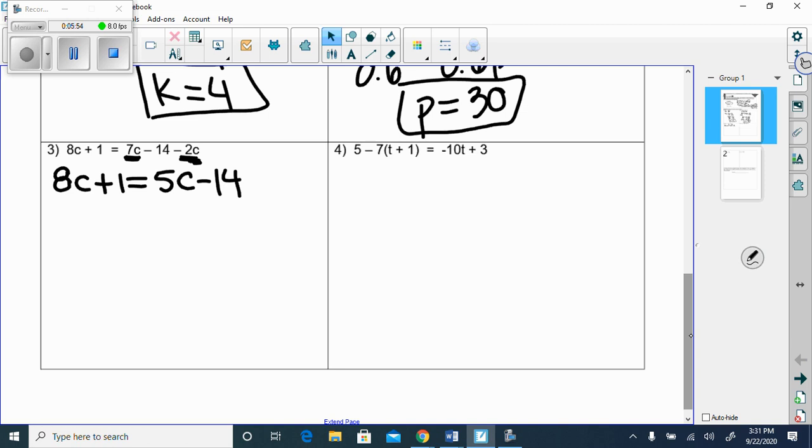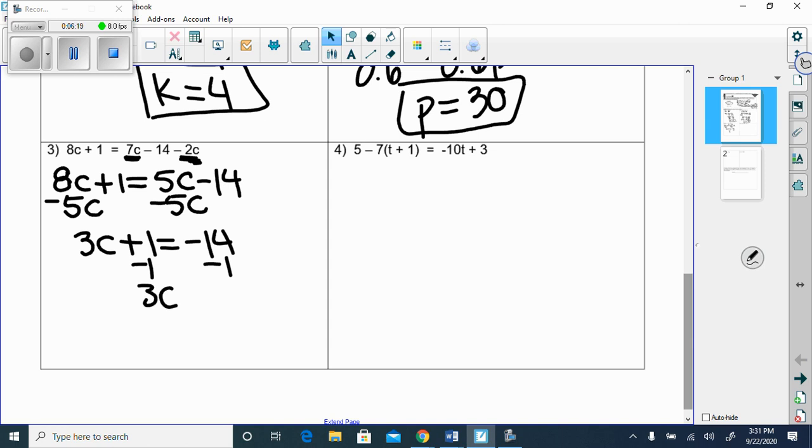So I'm going to move 5c over here. So I subtract 5c from both sides. And 8c minus 5c leaves me with 3c plus 1 equals negative 14. Then what? Minus 1.